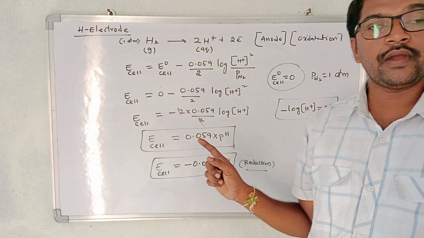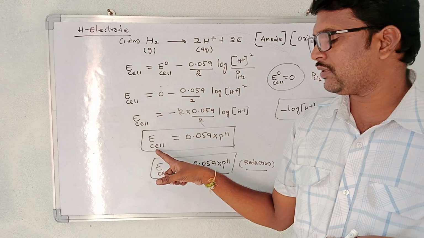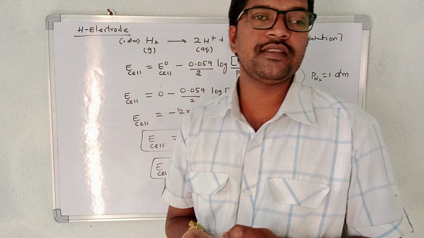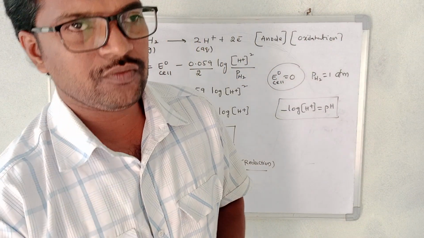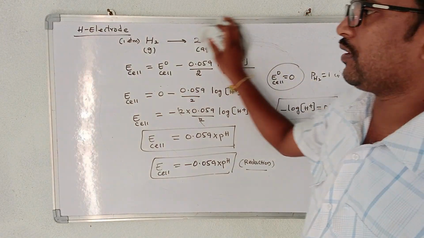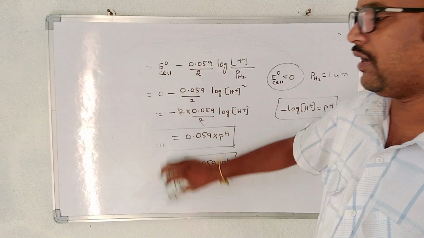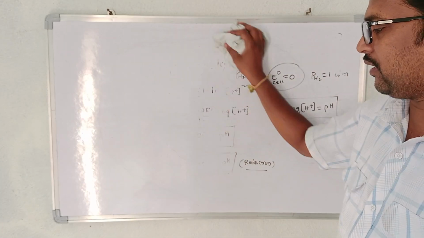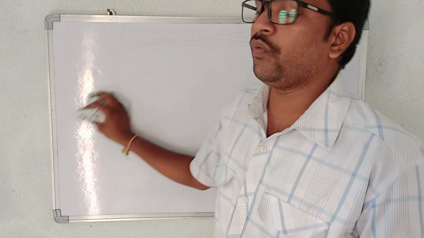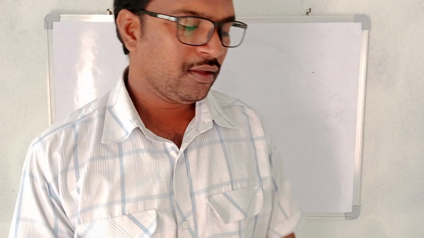And if you want to find the oxidation potential, the formula is E cell is equal to 0.059 into pH. These relations we can use whenever pH values are given and we are asked to find electrode potentials of the hydrogen electrode. Based on the reaction, where hydrogen acts as a cathode or anode, we take the formulas.